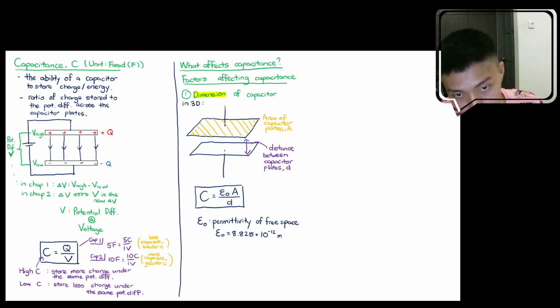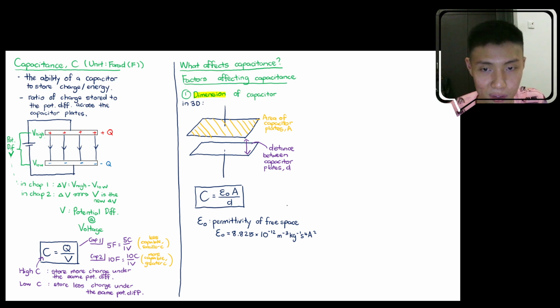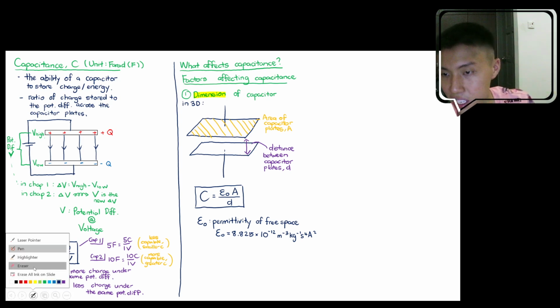The unit is complicated: meter to the negative 3, kg to the negative 1, s to the power 4, A squared. You don't need to remember all these things, you don't need to remember the exact unit, but I think there's a shorter version.